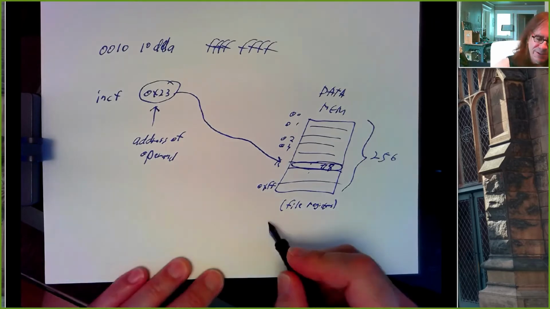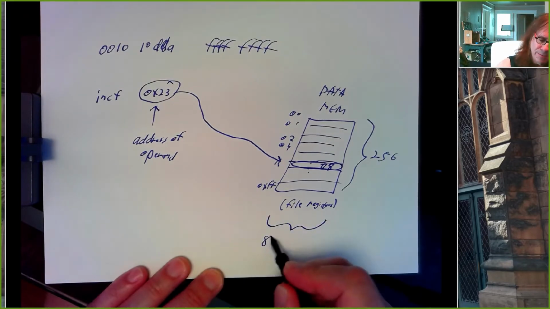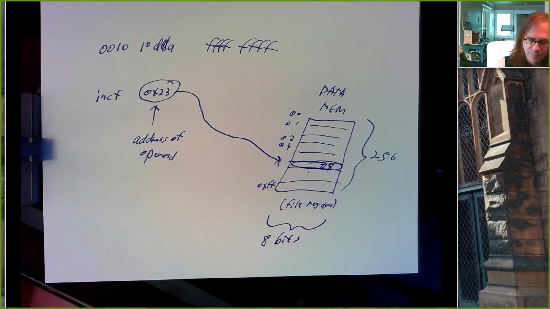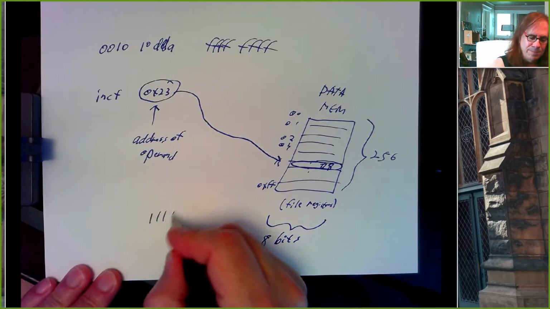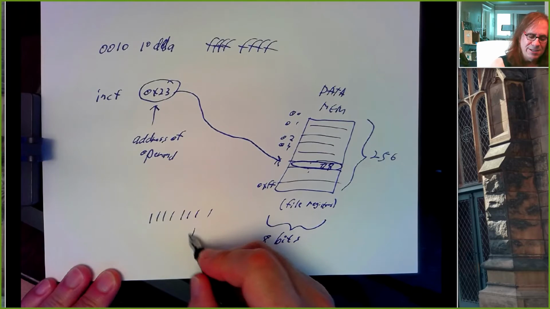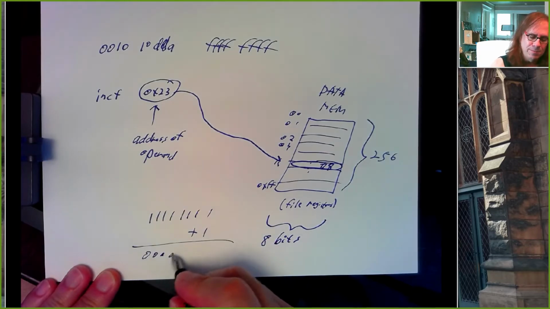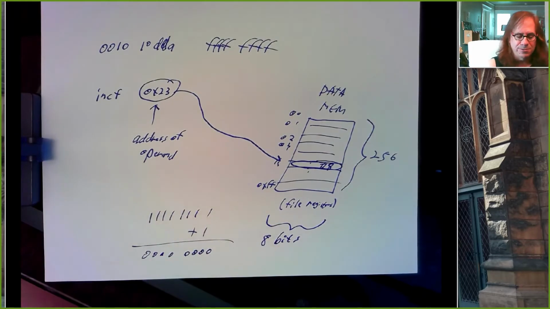This is because these file registers are only 8 bits wide. So if you have an 8-bit number like that and you add 1, you just come back to 0.